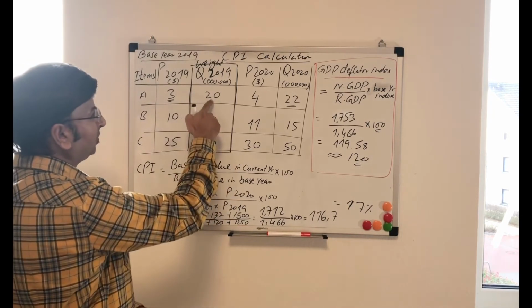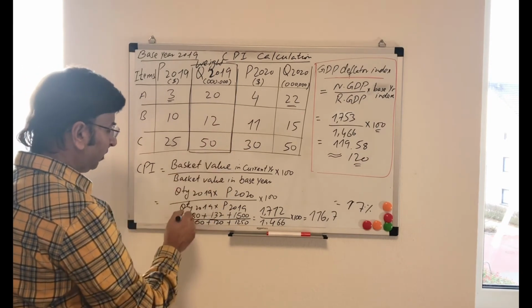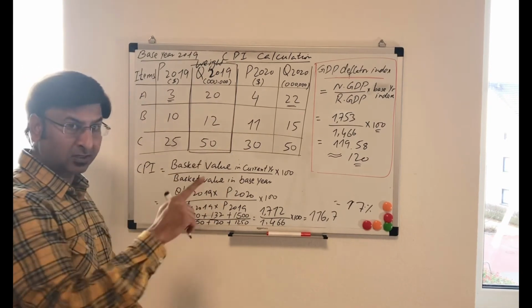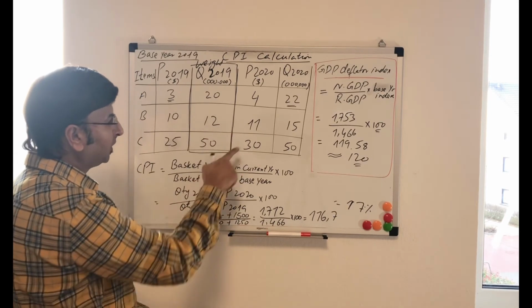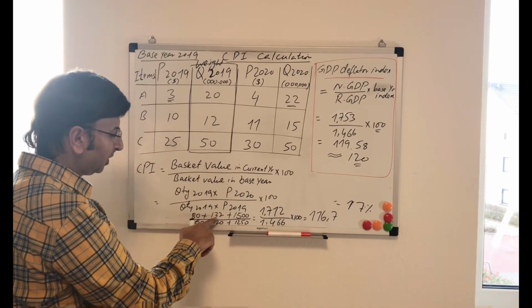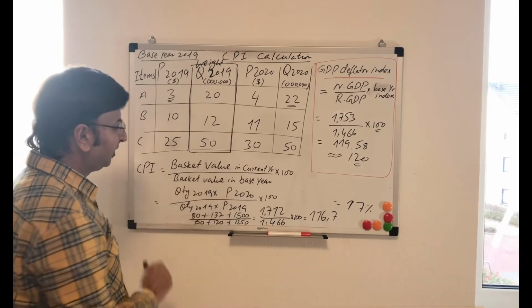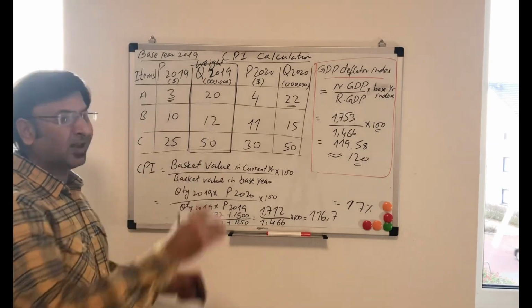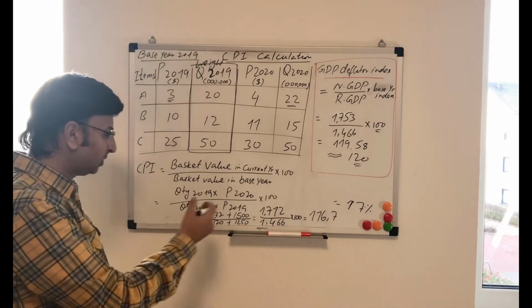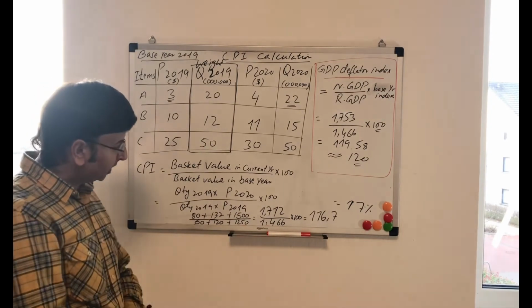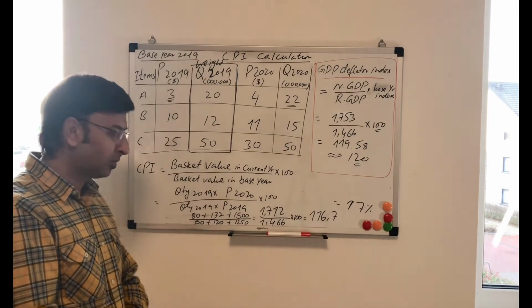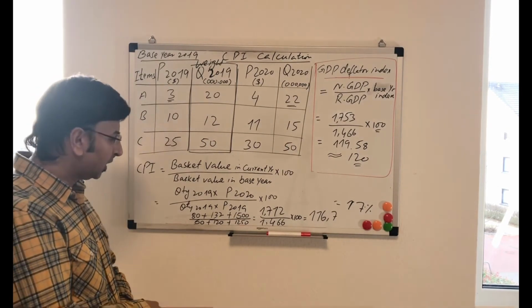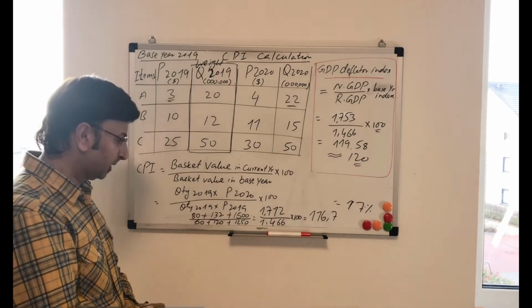So this is going to be 20 times 4, which is 80, if you cannot see it clearly. Then 12 times the price of 2020, 11, which is 132. 30 times 50 is 1,500. All values are in million, but I do not have space, so I am just omitting the million, because in the numerator and denominator both millions will be cancelled out. So I just consider it without million.